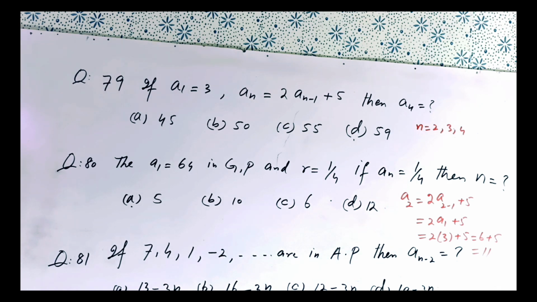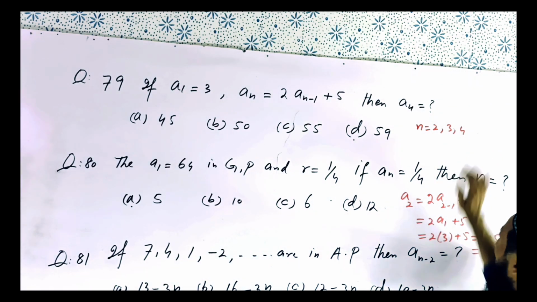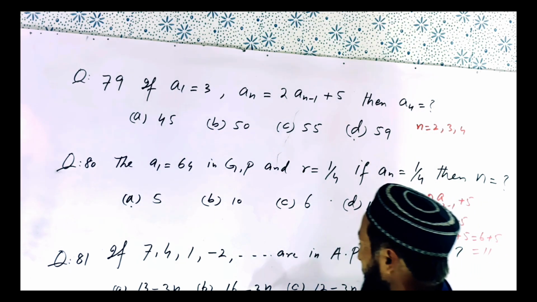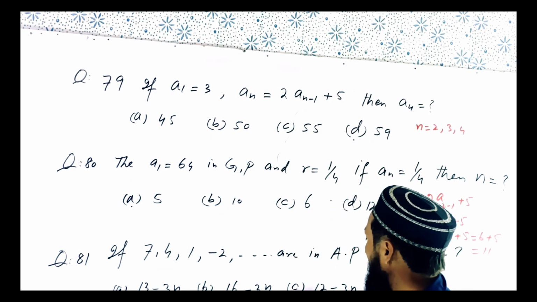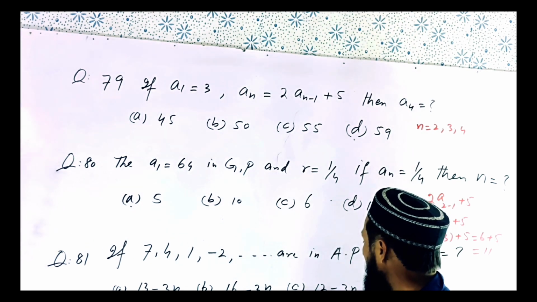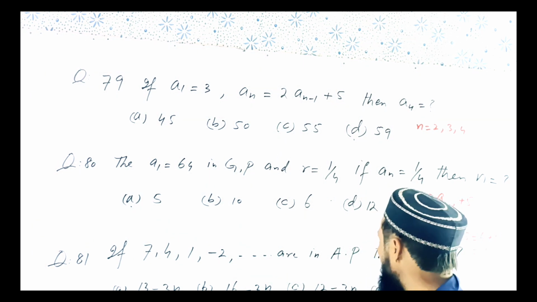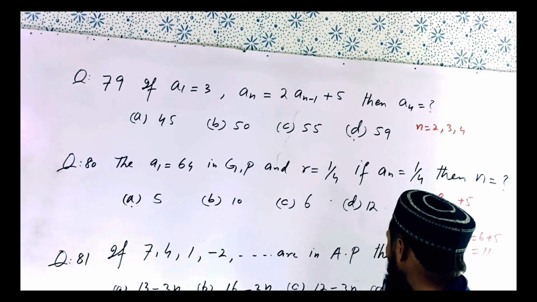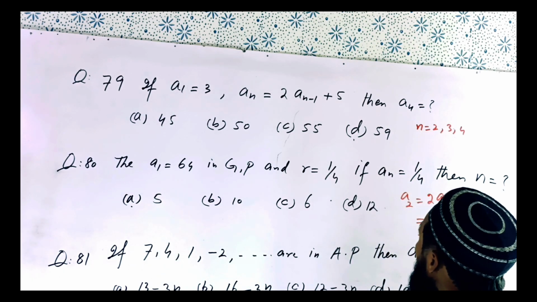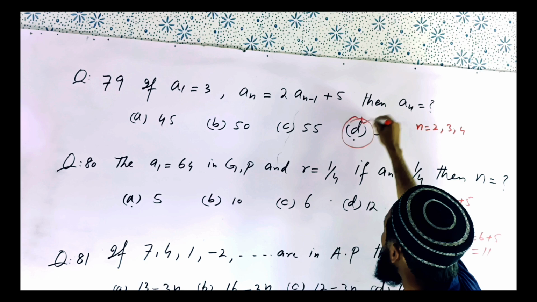And similarly here the 4th term is required. What is the 4th term here? If we put n equal to 4, so 2 a3 is already 27, we get 27 times 2 is 54, plus 5 is equal to 59. 59 is the correct answer. Here D is the correct.